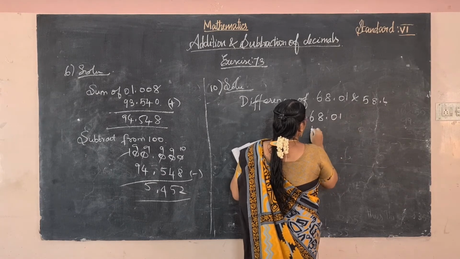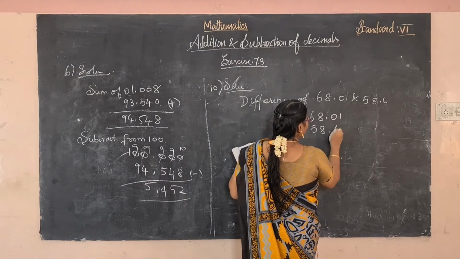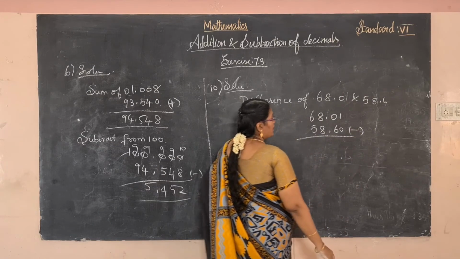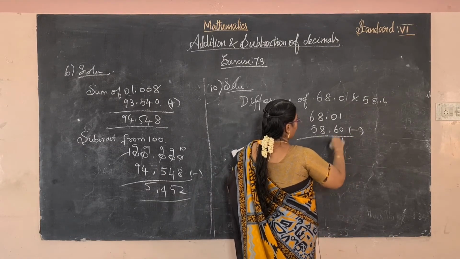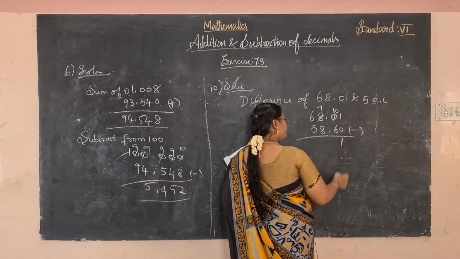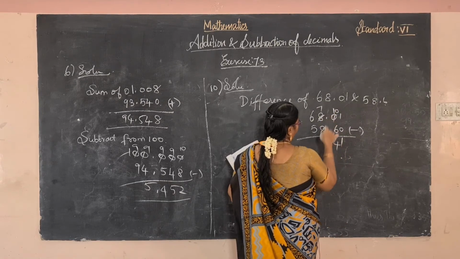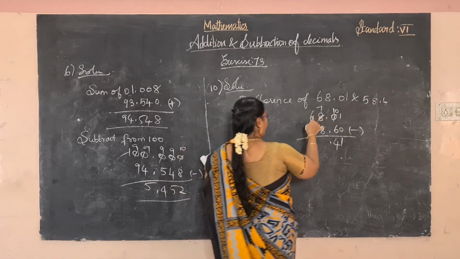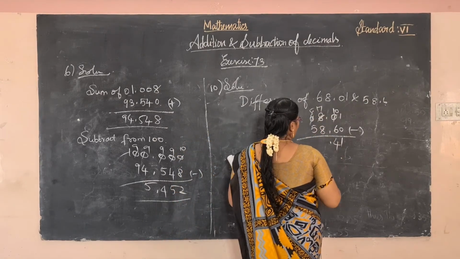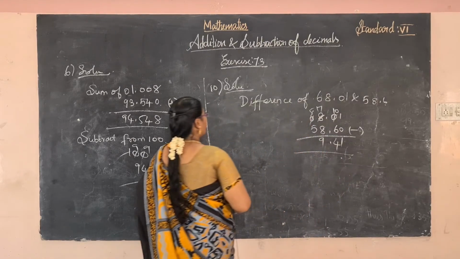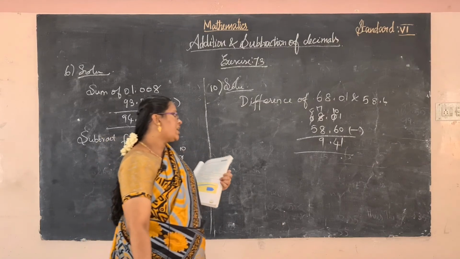In the second decimal value, subtract. Difference means subtract. Okay. Sum means addition. So subtract is not possible. So borrow from here. 4, 7. Not subtracted to the 8. So borrow from here. 17. 17, 8, 9. Okay. So difference of these two decimal numbers is 9.41.